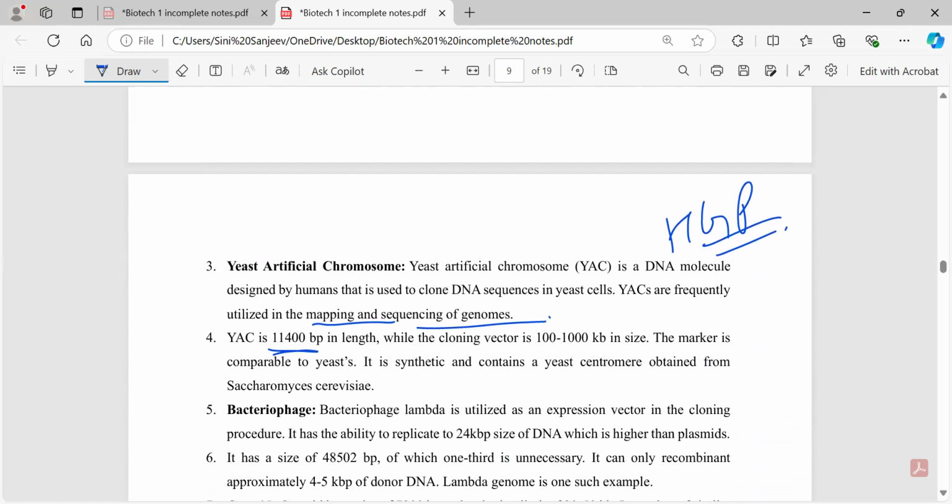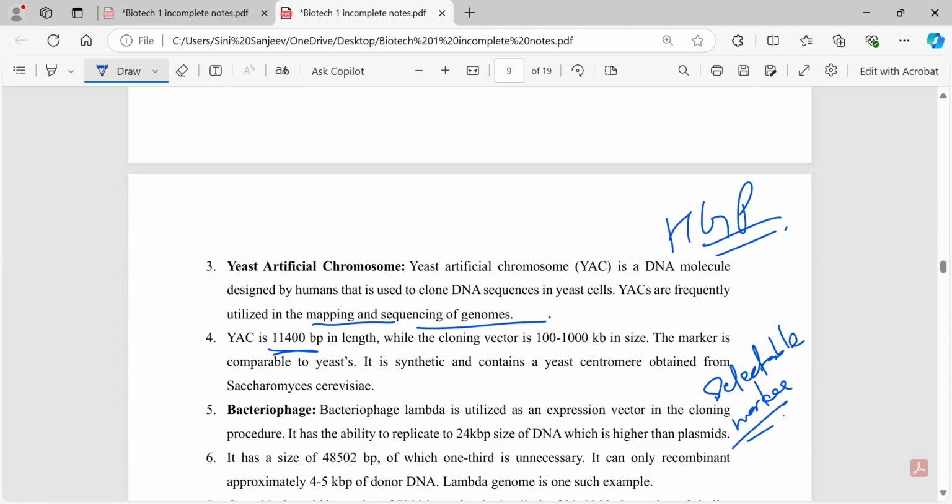Whatever plasmids you're going to take, according to that you have to choose a marker. So whenever you're writing the points regarding the marker, it's essential to write selectable marker for the plasmid.